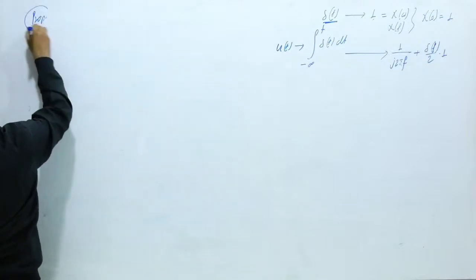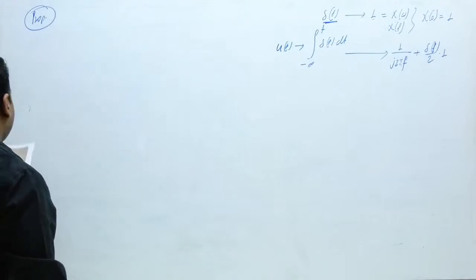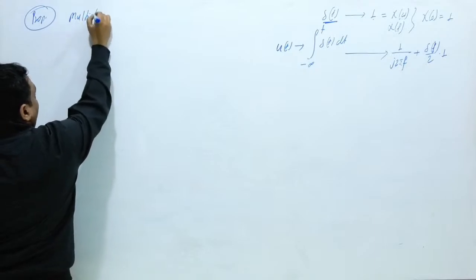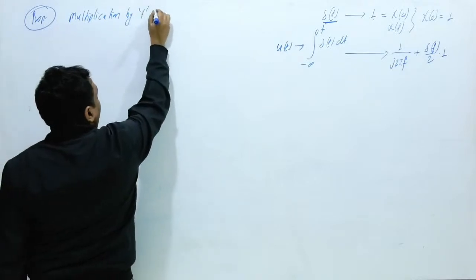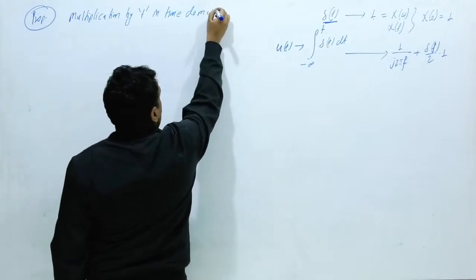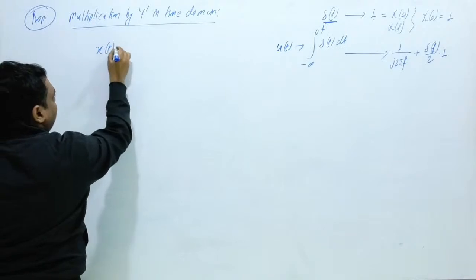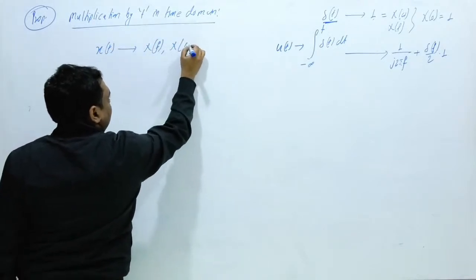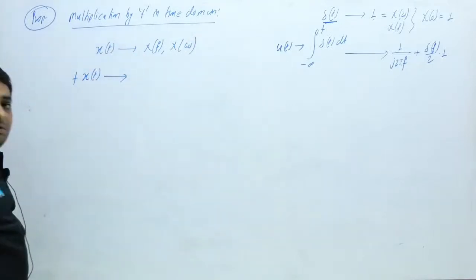Integration and differentiation we have already studied. Now the next property is multiplication by t. Same, multiplication by t in the time domain. Then what will happen? If the Fourier transform of x(t) is either X(f) or X(omega), and you multiply by t, that is t times x(t), then what will be its Fourier transform?